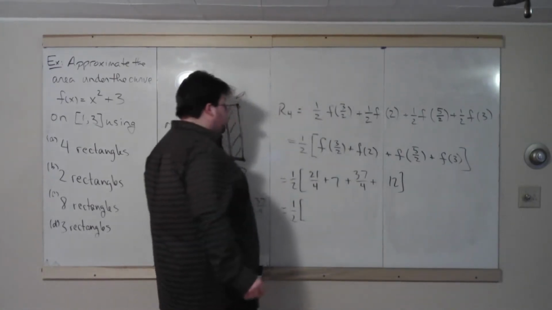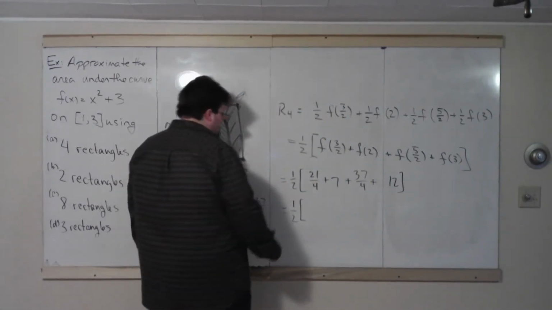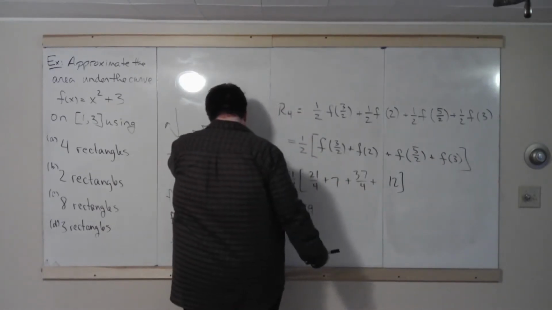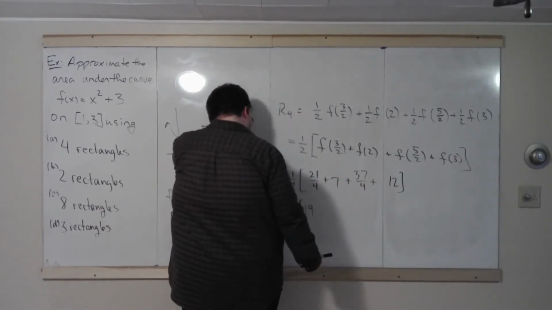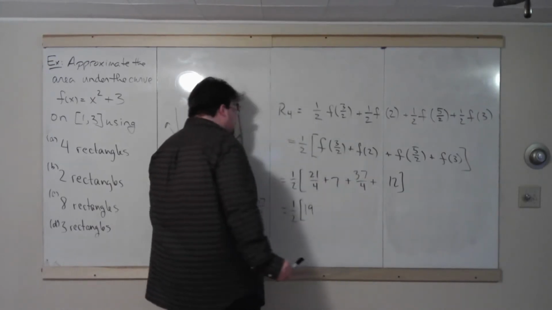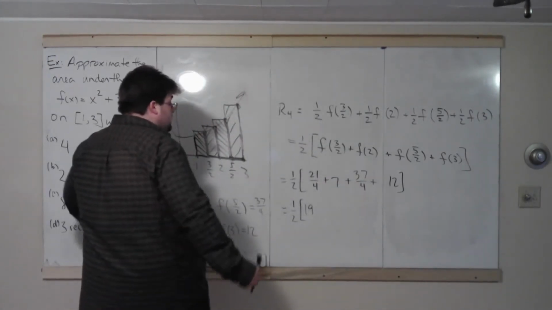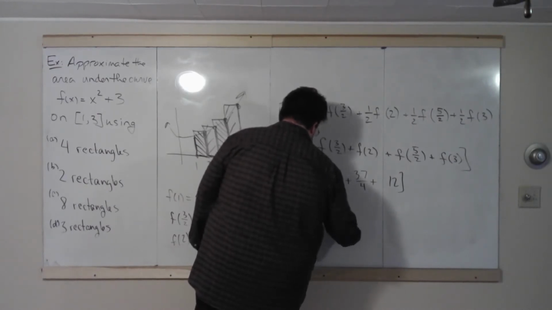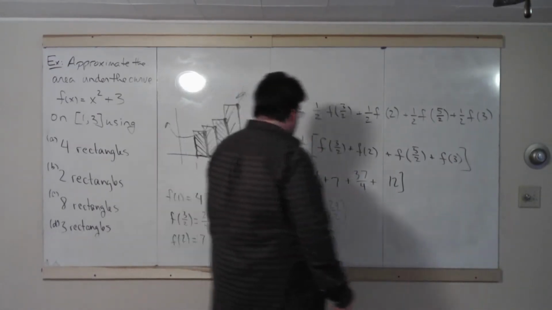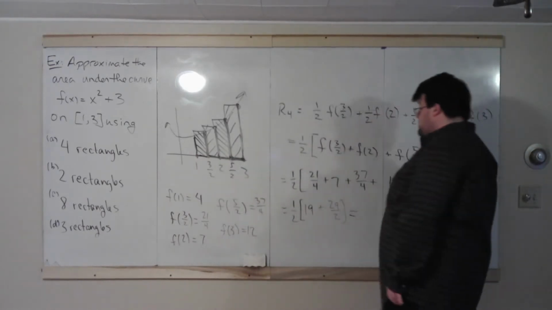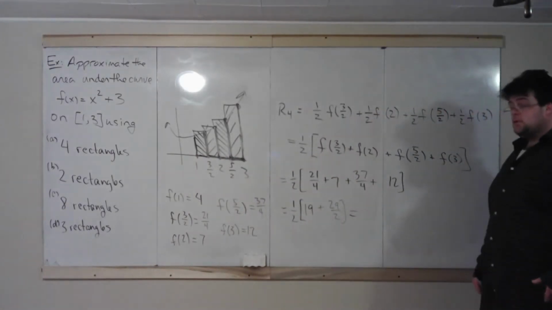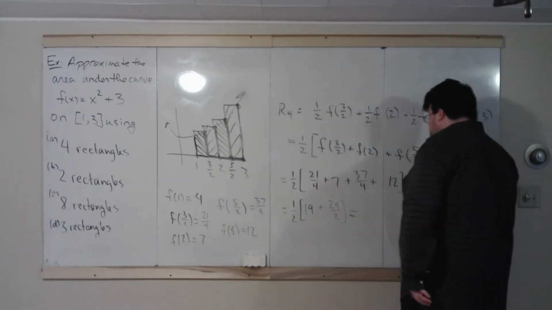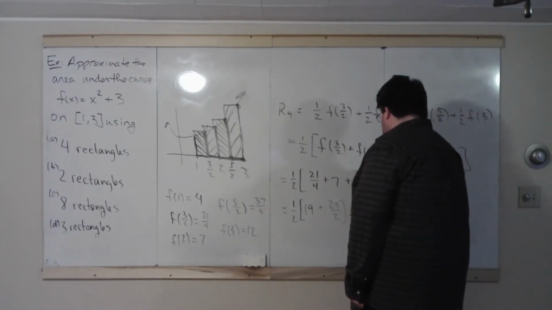Well, again, I'm going to add whole numbers first. 7 and 12 make 19. 21 and 37 make 58 fourths, which divided by 2 gives you 29 halves. 19 is 38 halves. 38 plus 29 is 67. 67 halves times a half gives you 67 fourths.